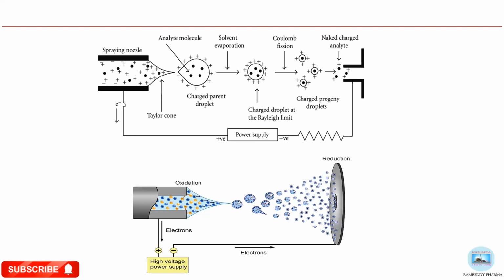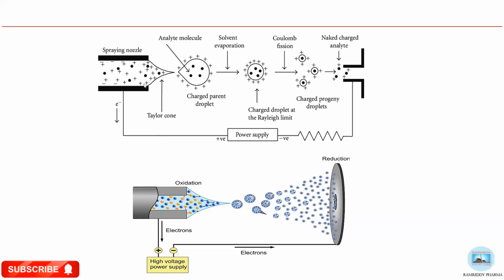In electrospray ionization, we have one nebulizer or spraying nozzle. Through this spraying nozzle, your liquid sample is sprayed as small droplets. To this spraying nozzle, we apply a power supply electric field.